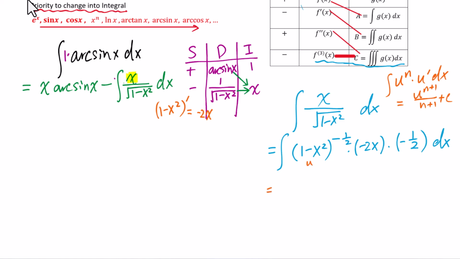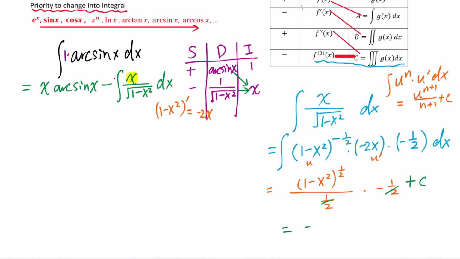U is 1 minus x squared. This is u prime. So we get 1 minus x squared to the negative 1/2 plus 1, which is 1/2, over 1/2 times negative 1/2 plus c. Reduce.